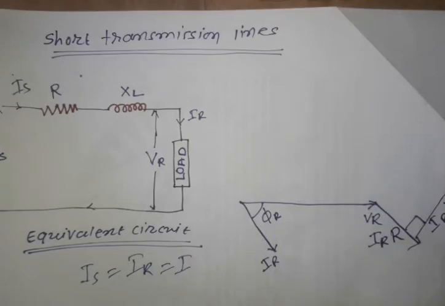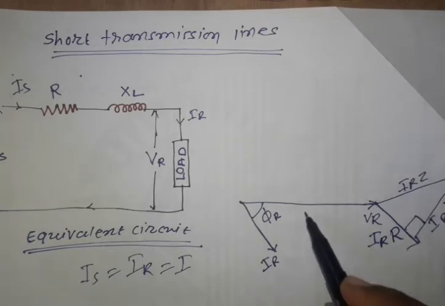Now the resultant of IR and I XL becomes IZ, our total impedance drop.